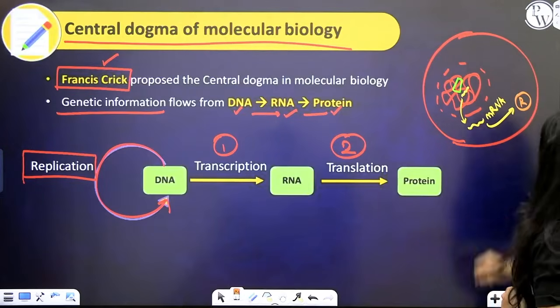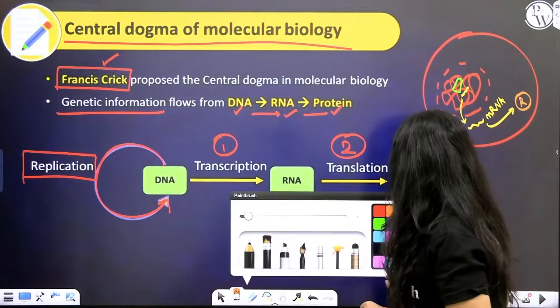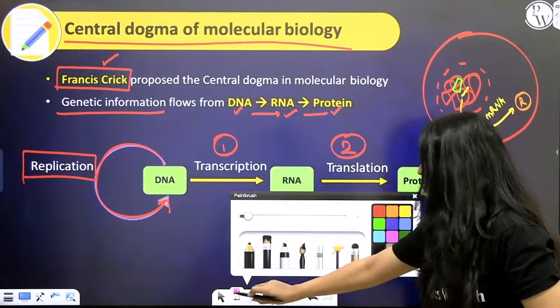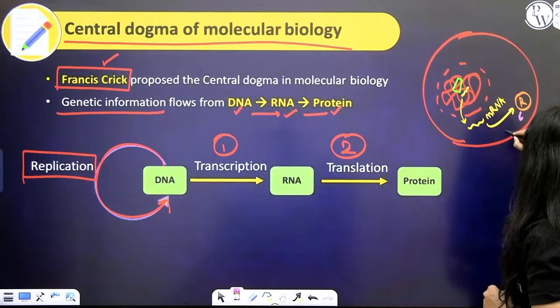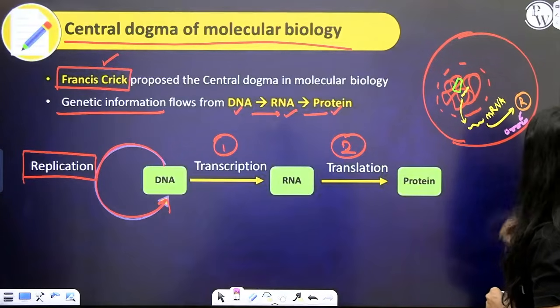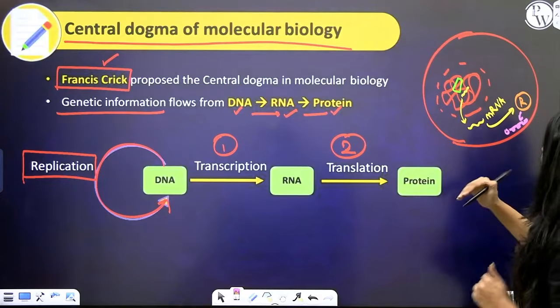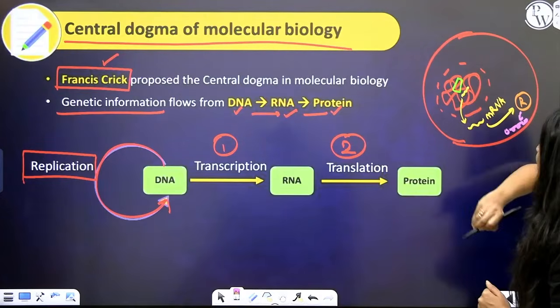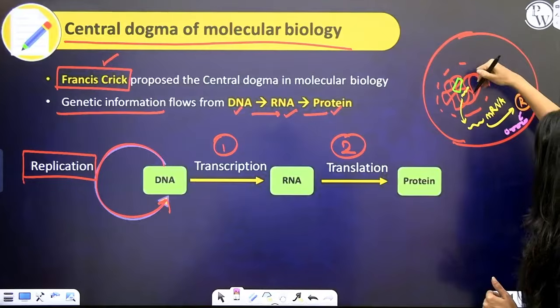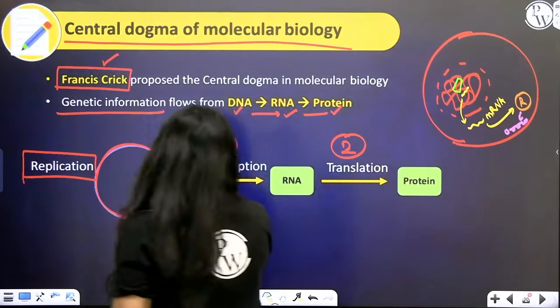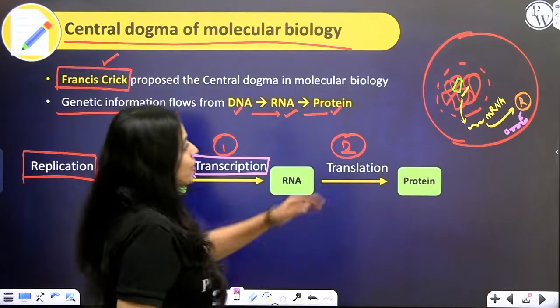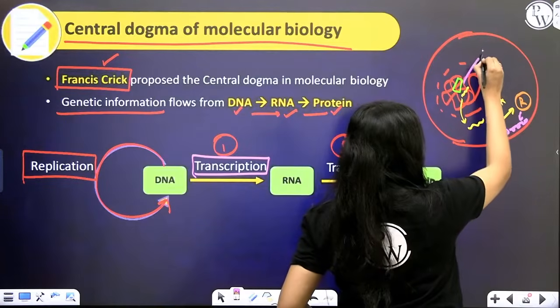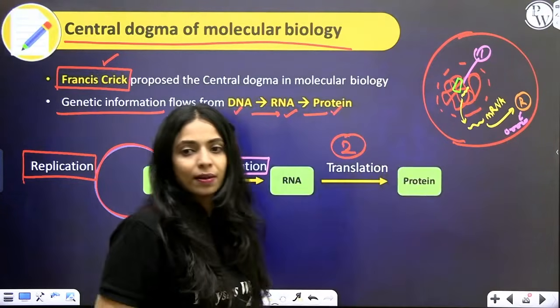The ribosome will read the message on this mRNA and synthesize a protein. The process by which the message in DNA is copied to RNA is called transcription. So this message copying is the first step, transcription.